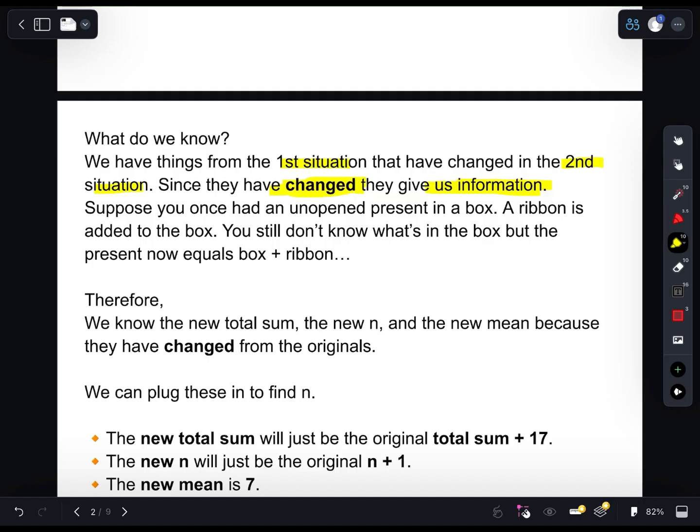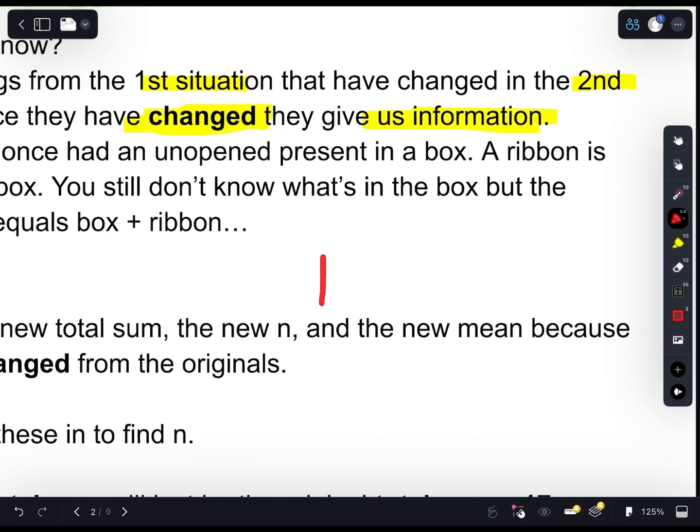Suppose you once had an unopened present in a box. A ribbon is then added to the box. You still don't know what's in the box, but the present now equals box plus a ribbon. So you could say that in the beginning, you just had a mysterious box. You didn't know what was inside, but then you had a little ribbon added onto it.